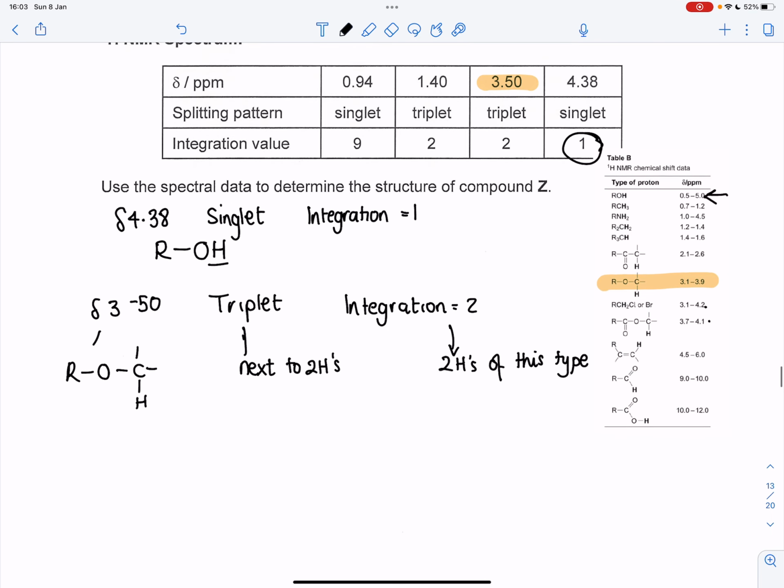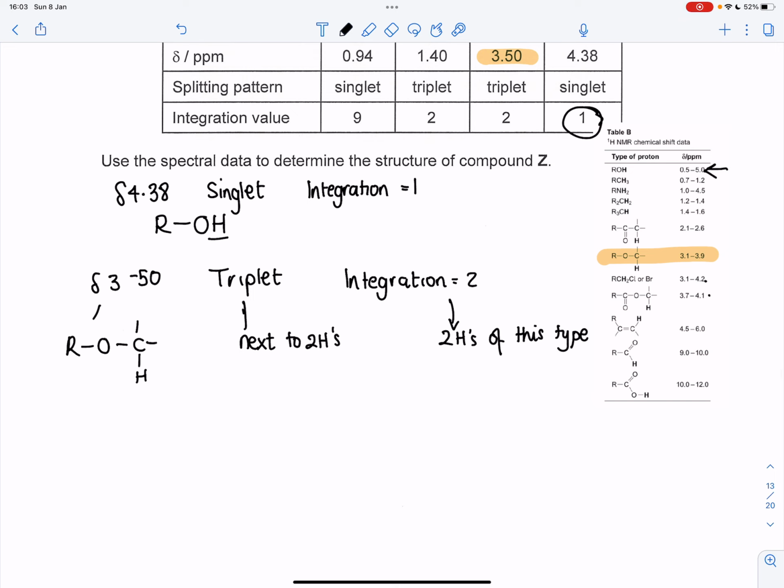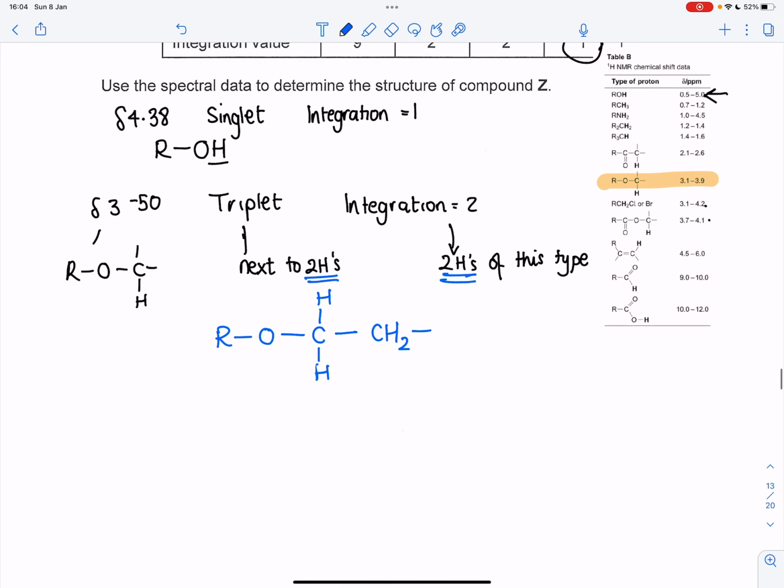This is then likely, from all that information, to be the O, part of another part of the molecule. So 2 H's of this type. There we go. Next to 2 H's. So it's likely to be this, which then must carry on to somewhere else. So we've got the first piece of our jigsaw.